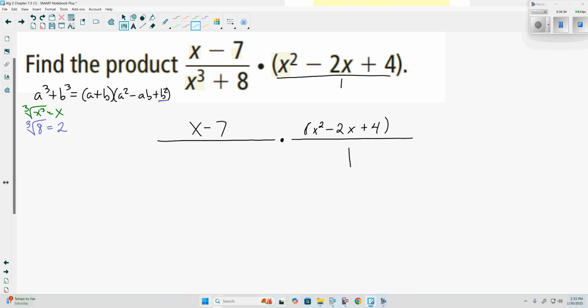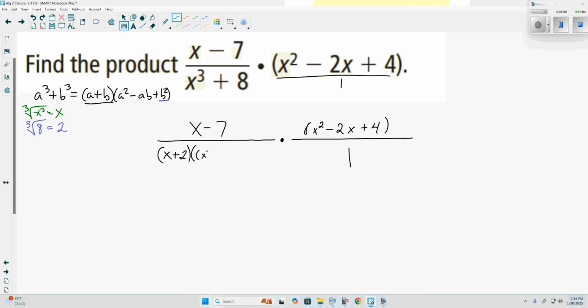Well, we're going to have to plug 2 into b squared. What is 2 squared? 4. Okay, that kind of matches up with our other one, yes? AB would be 2 times x. Okay, it's looking like that's going to match up again. Now let's plug it in. A plus b, where a is x and b is 2.